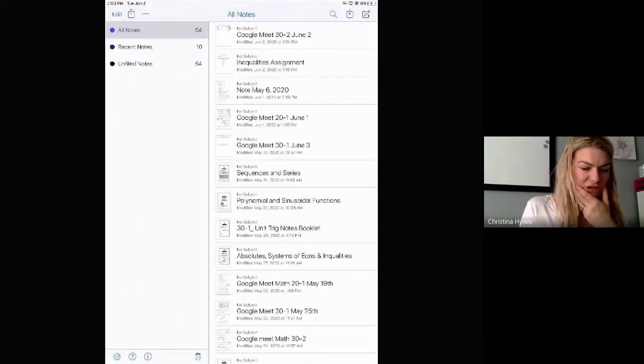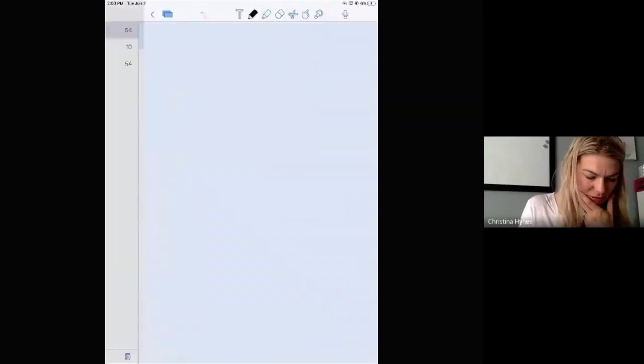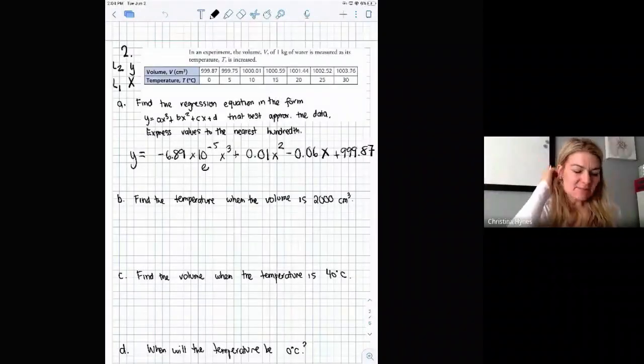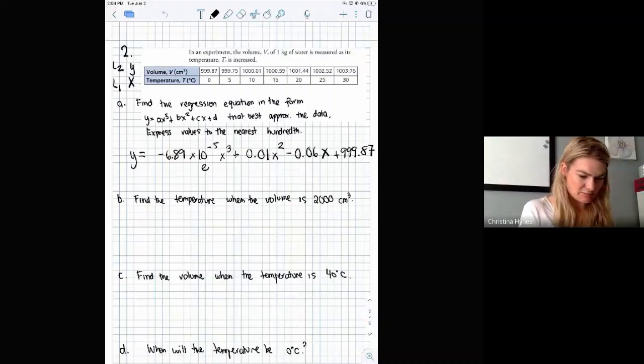Okay, so with this question here, let me go back here. Find the temperature when the volume is 2000. I'm just going to do this in my regular calculator because the reliability of this one isn't great.